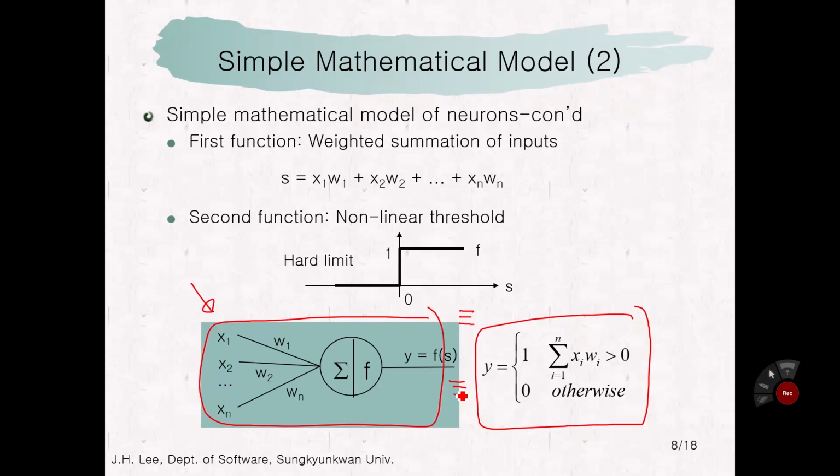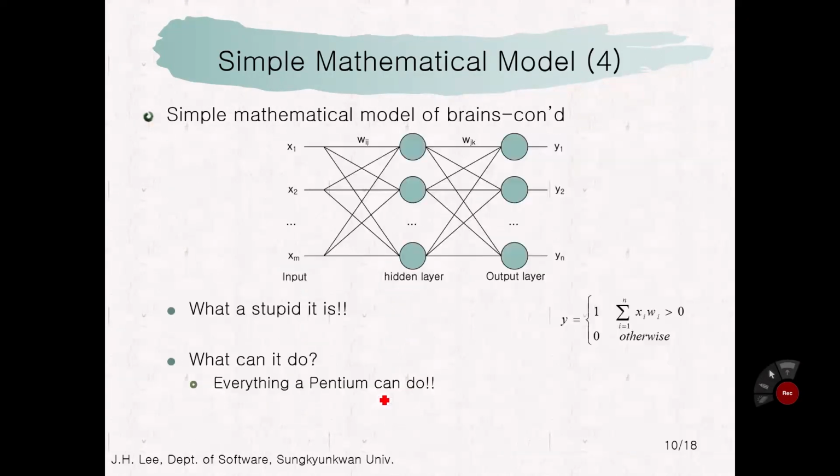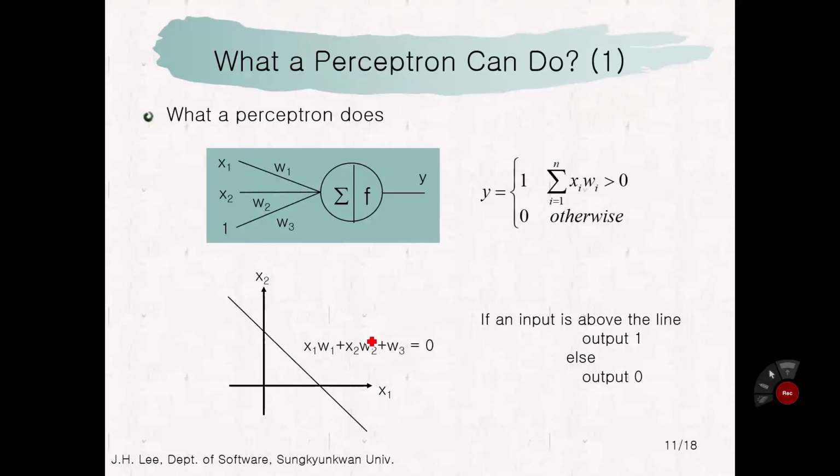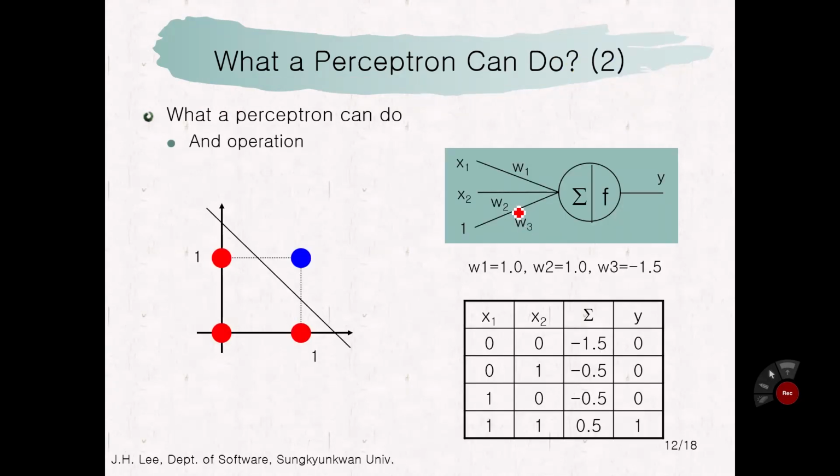It is also important. Okay, and I told you what a perceptron can do, right? Here, if you set up the connection weights W1 equals 1.0, W2 equals 1.0 and W3 equals minus 1.0, then this neuron will perform the AND operation, right?